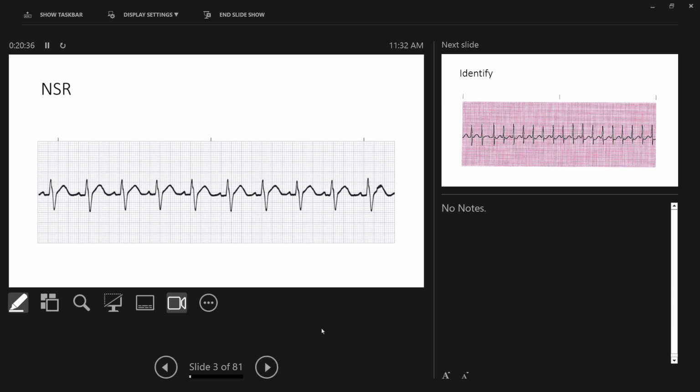Same way with your ectopics, with your PACs, your PJCs, your PVCs. Make sure that you're telling me what the underlying rhythm is for that as well.